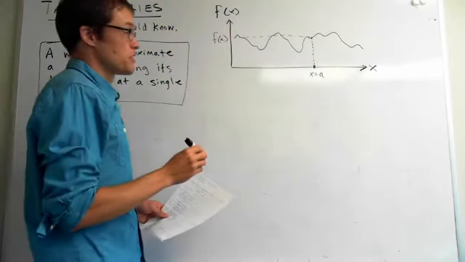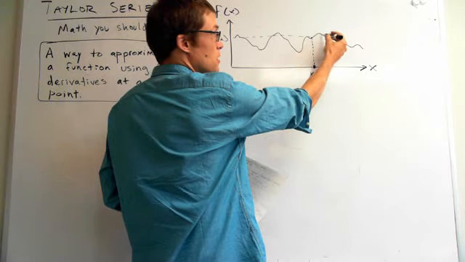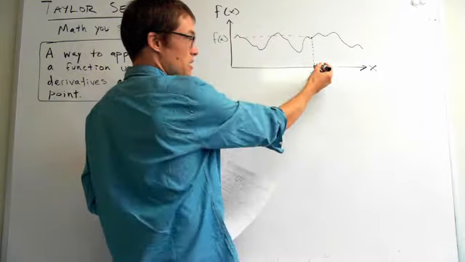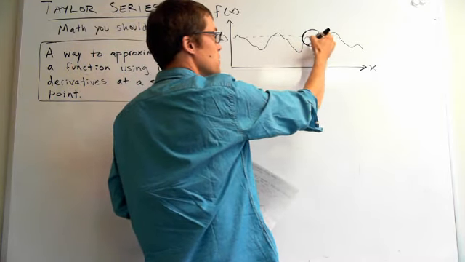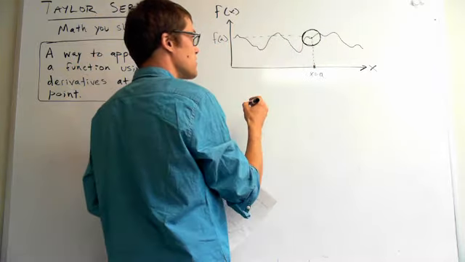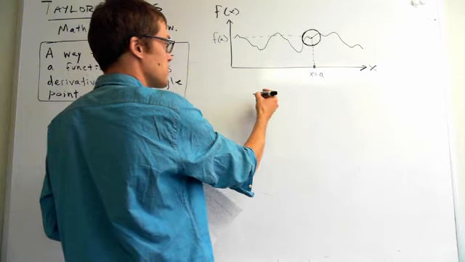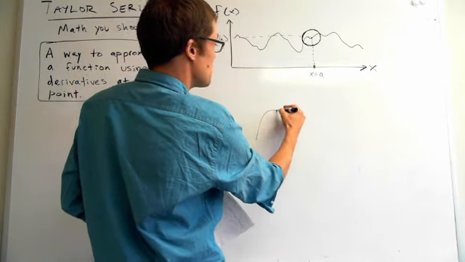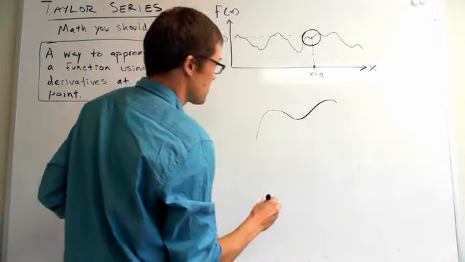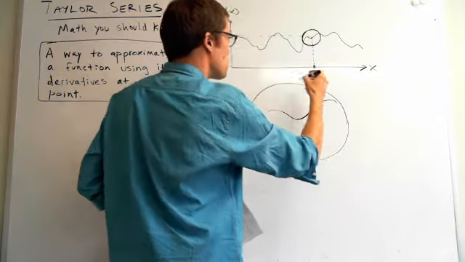What we're going to do is use the Taylor series to approximate the shape of this function nearby the point where x equals a. So if you imagine zooming in here and looking at just that little bit of the function there nearby x equals a, let me see if I can redraw that in a zoomed in form. Something like that is what I drew.